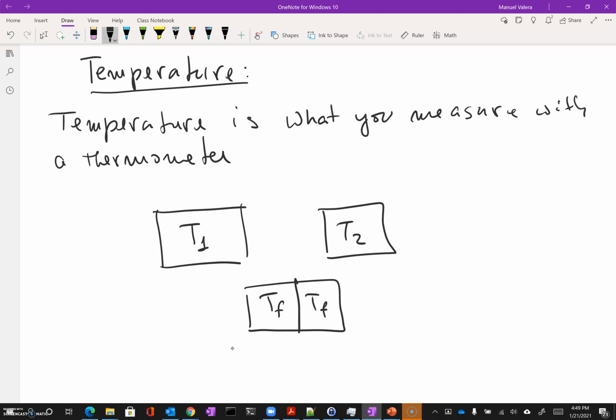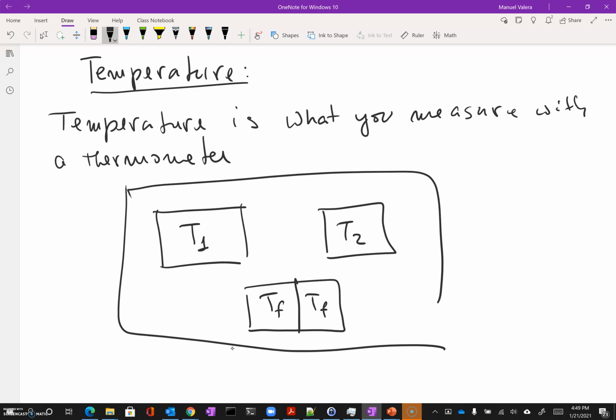This is an important property that is going to serve for a lot of the conceptual ideas that we're going to try to study. And so this is the equilibrium condition, and that's what we use to define temperature.